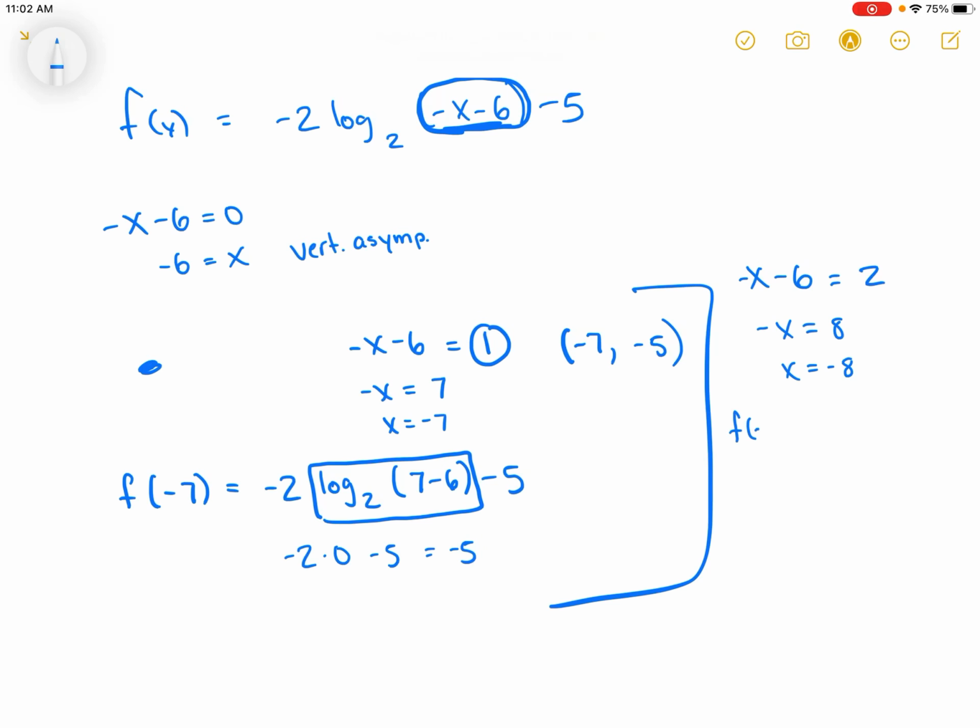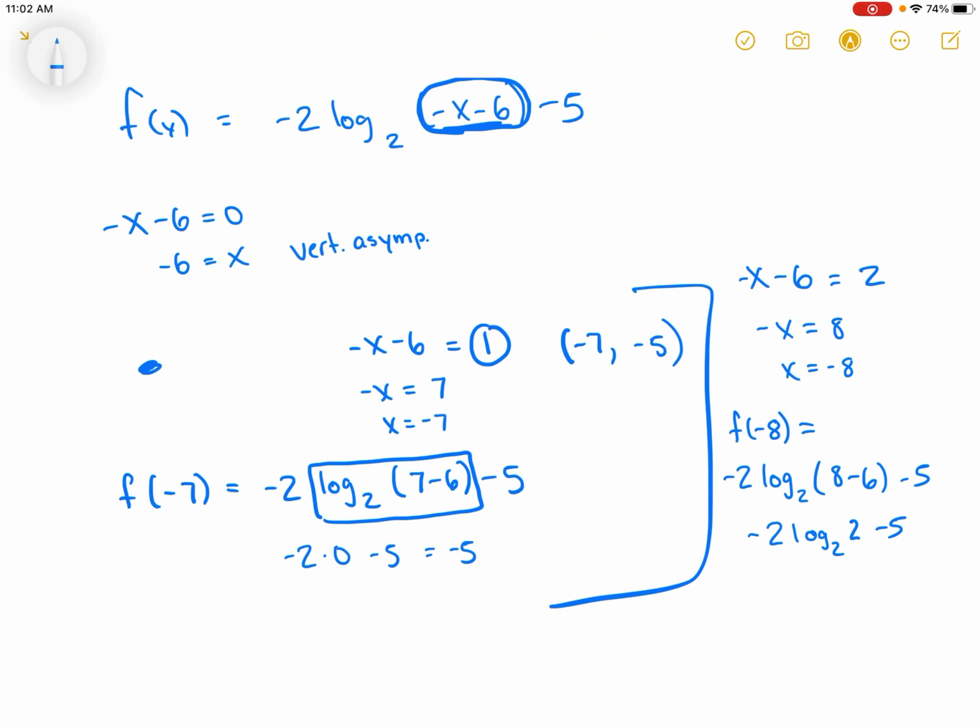And then f of -8 is going to equal -2 log base 2 of (-x minus 6) minus 5, which is -2 log base 2 of 2 minus 5.